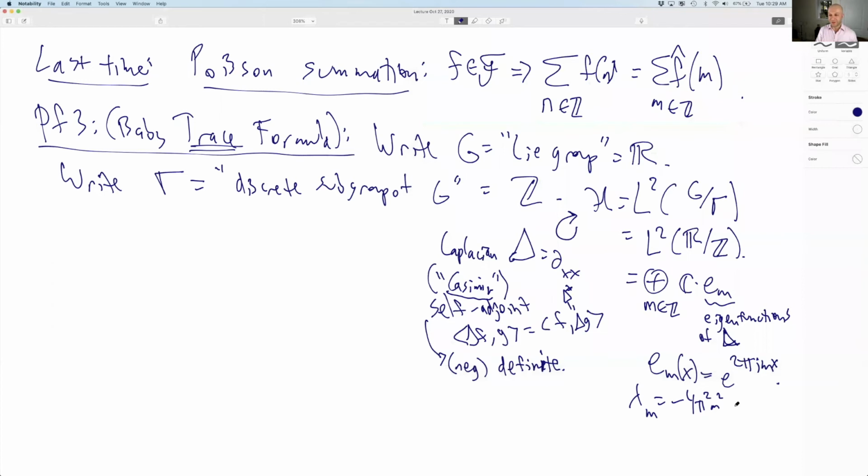Okay, so we have this negative definite operator. We know what the eigenvalues are. So this is the spectrum, the set of these things. This is what we would call the spectral decomposition of L2. So we have this Hilbert space, we have a differential operator.